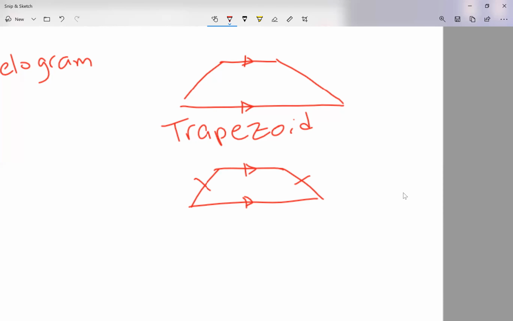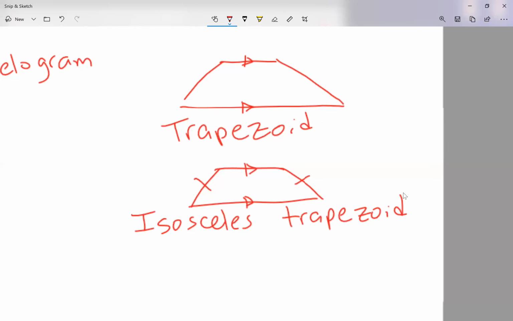Now this one we're going to call an isosceles trapezoid. So a trapezoid could just be a regular trapezoid, or it could be an isosceles trapezoid. What makes an isosceles trapezoid is that the sides that are not parallel, we call those legs, are the same length. If they're the same length, isosceles trapezoid. If they're not, just trapezoid.